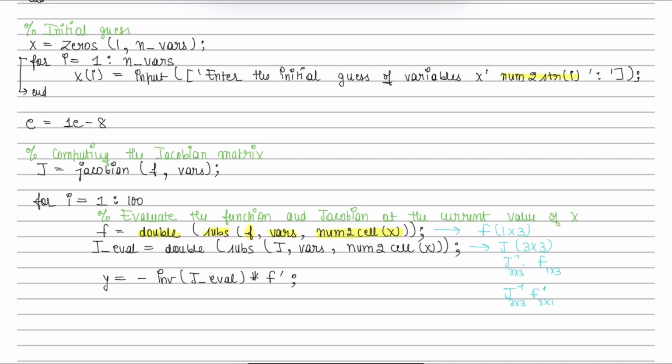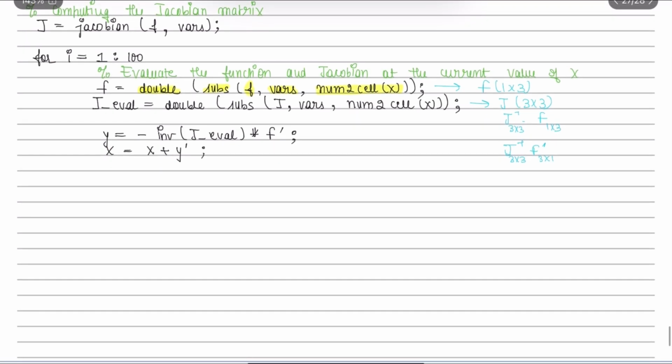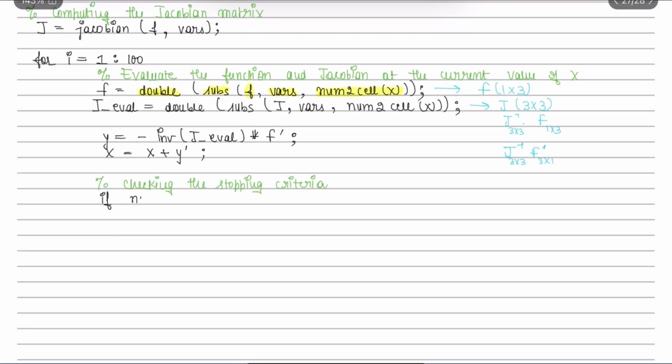After finding the value of y, we have to find the updated value of x, which will be as x is equals to x plus y, and again we have to use the transpose here. For checking the stopping criteria, we will directly use if condition, where the norm of y should be less than the tolerance.